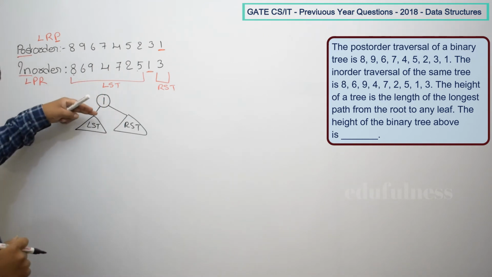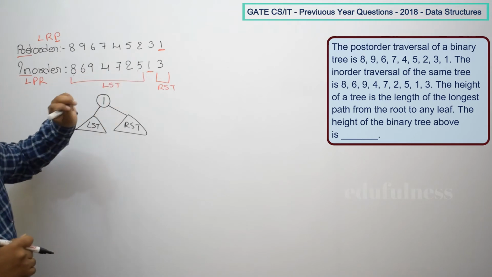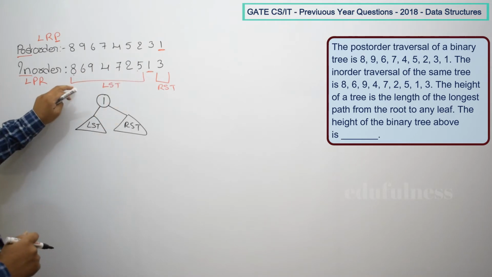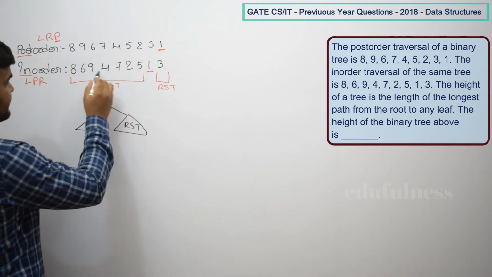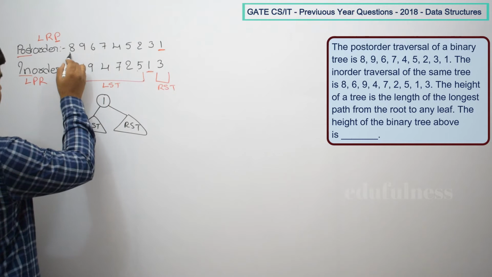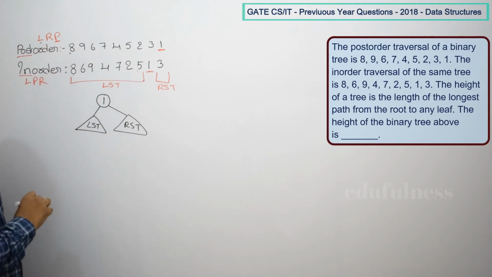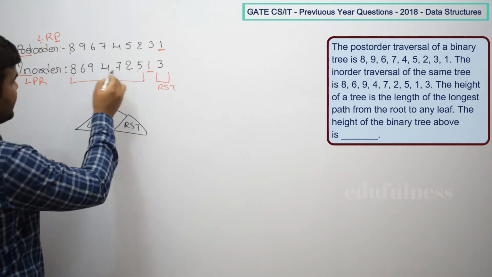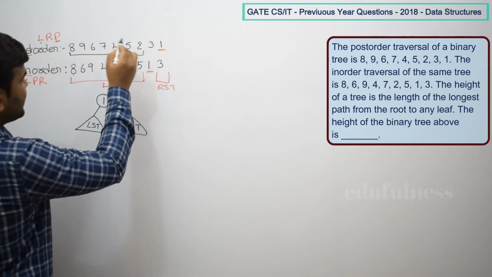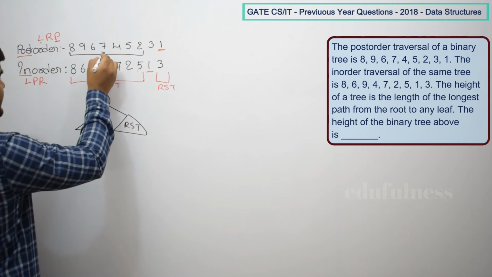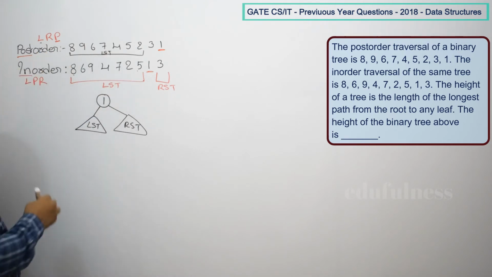If you take only the left subtree, its in order is this one. So what is its corresponding post order? How many elements are there here? That many elements, consider from the first. How many elements are here? 7 elements are there. So the first 7 elements will become the left subtree post order.